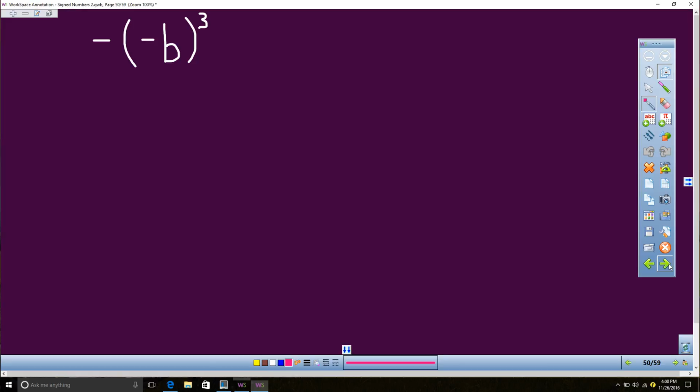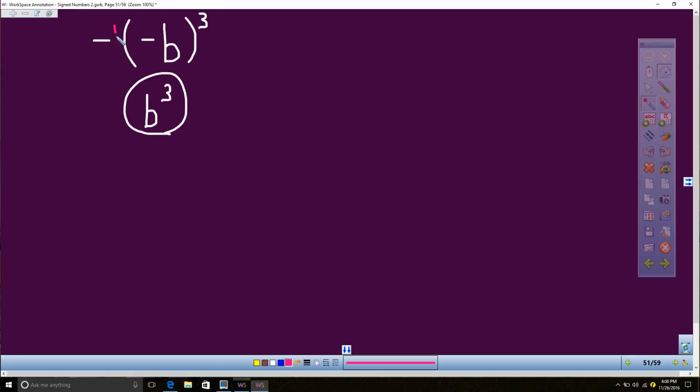So let's look at this example. How can I read this example? I can read this as the opposite of b, quantity cubed. Now, that sounds kind of confusing, so all I need to do here is to say, well, I know that b cubed is going to be b to the third power, and then I just need to decide how many negatives do I have multiplied here.